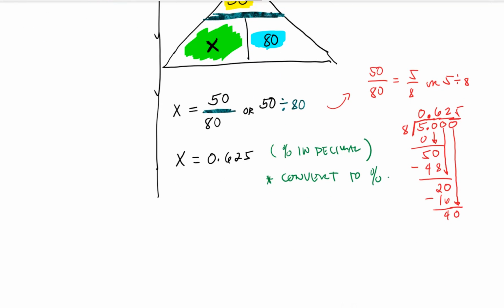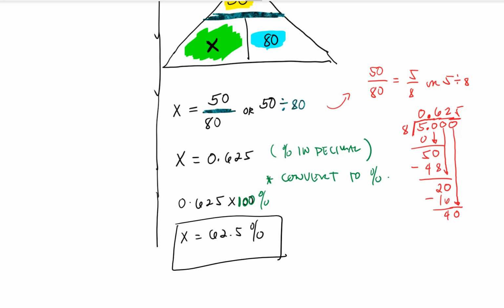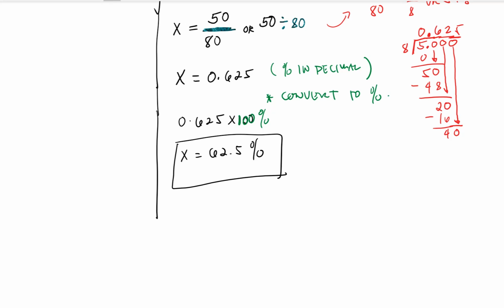If you remember, we just have to multiply it by 100%. So 0.625 multiplied by 100%, therefore x is equivalent to 62.5%. Now my answer is in percent.